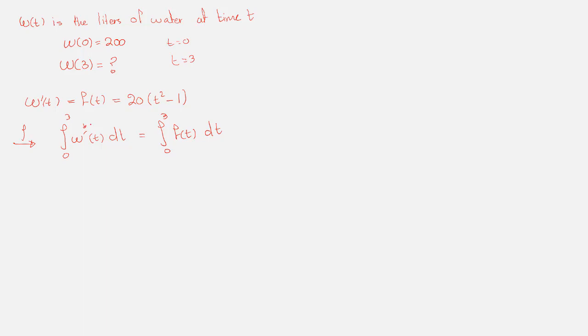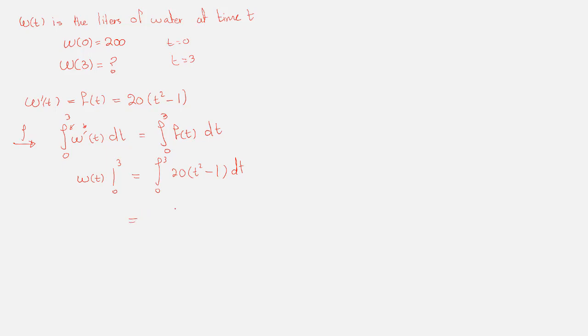Now this dash will go with this integration because the derivative goes with the integration, and we will get W of t, the integration from 0 to 3, equals the integration from 0 to 3 of 20t squared minus 1 dt.